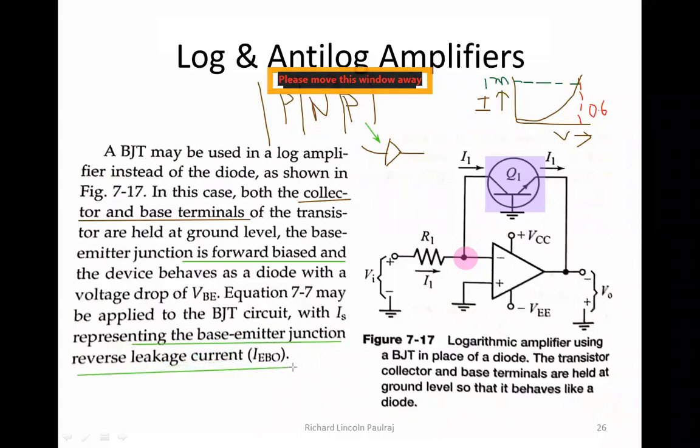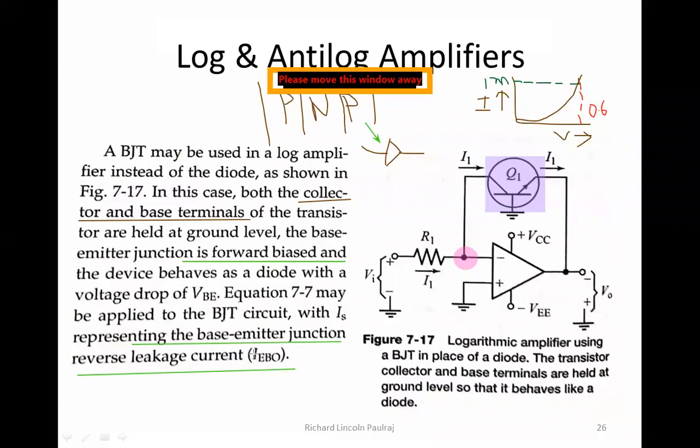Now this is again a different concept, where there can be a slight leakage happening between the base terminal and the emitter terminal. In short, we call it IEBO, the leakage current that happens between base and emitter in the reverse direction.